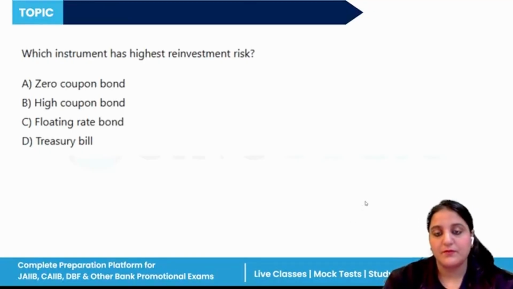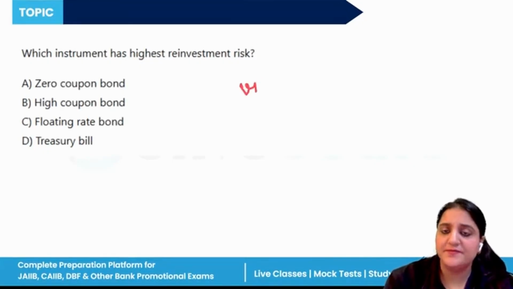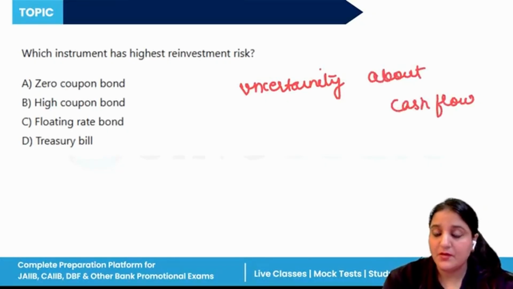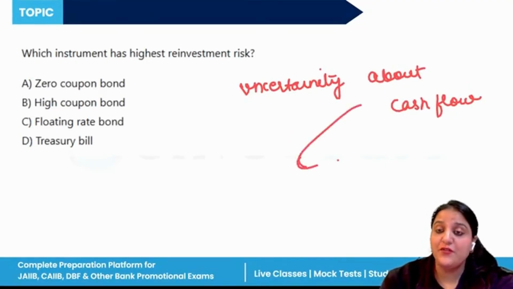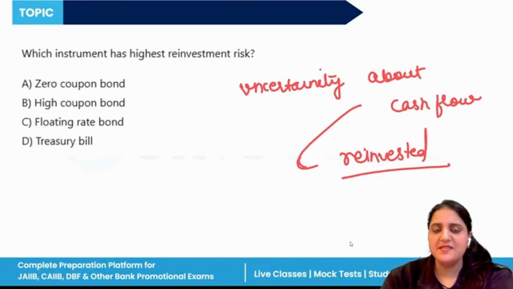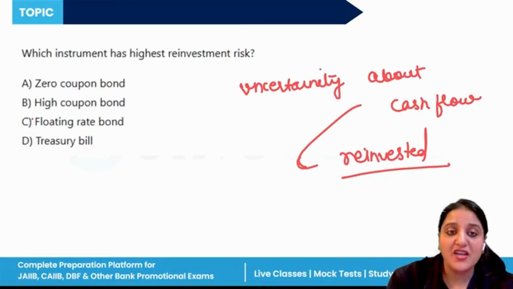Reinvestment risk is the uncertainty about the cash flow, that future cash flow will be reinvested. This is high in coupon bonds and amortizing loans. So in that case, which instrument has the highest reinvestment risk? That is the high coupon bond.